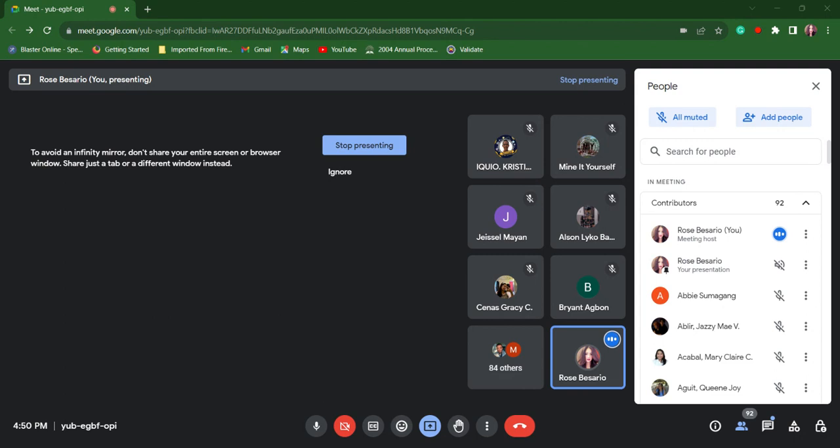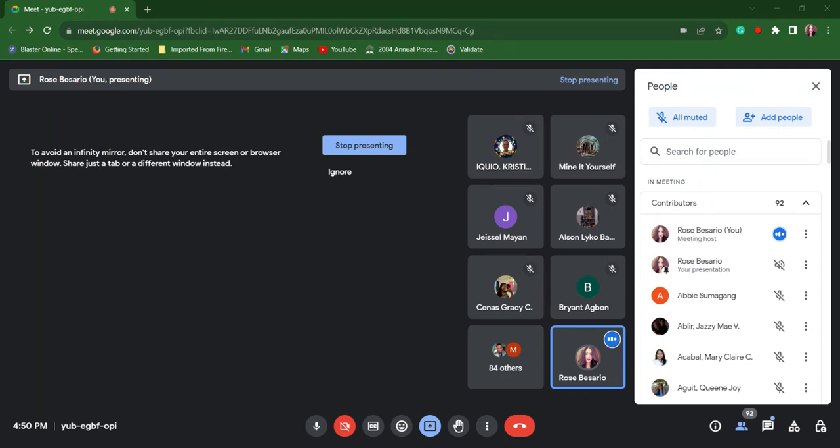Then si travel revenues kay wala mausob. Then si salaries expense kay increase.